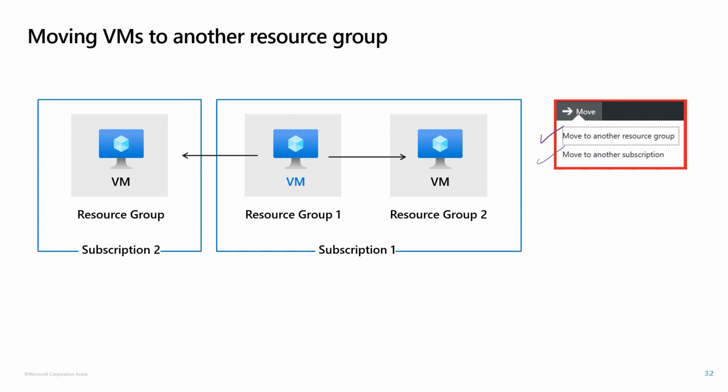We can also move across subscriptions as well. So understand the implications for moves within resource groups for the object that we're talking about, in this case a compute resource. It might be different for other virtual networking objects or other objects in Azure that do require recreation versus move operations.